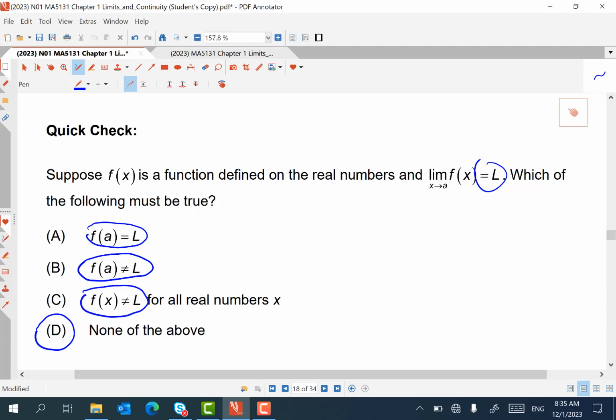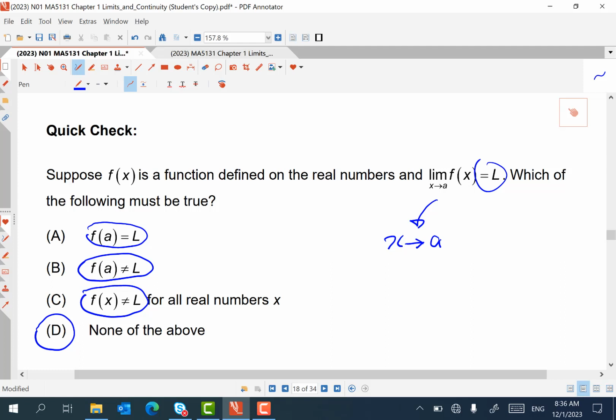This is interesting, you know. Do you remember when I talked about x going towards a? In this notation, when you say x goes towards a, x is never a in this statement.